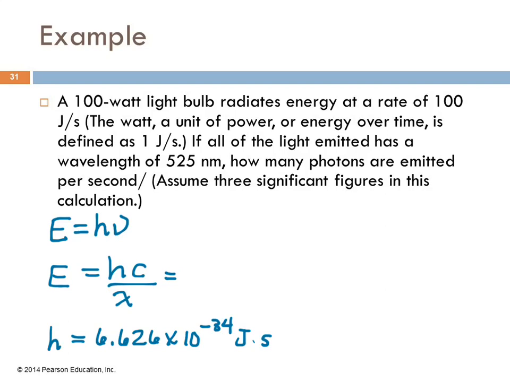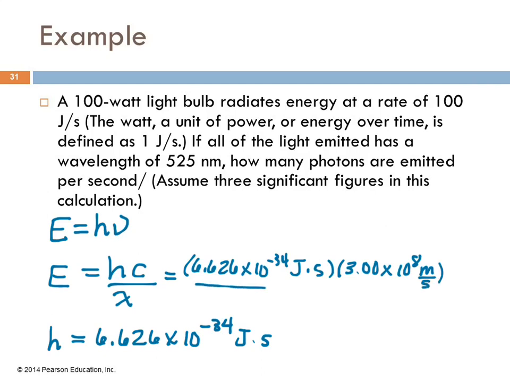So the energy is going to be h, 6.626 times 10 to the minus 34 joules times second. Yeah, I know it's a weird unit. And what's the speed of light? 3.00 times 10 to the 8th meters per second.